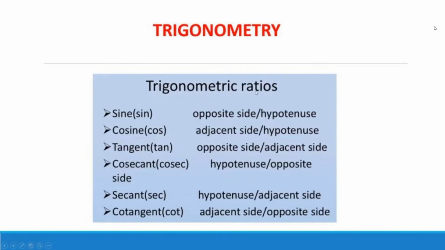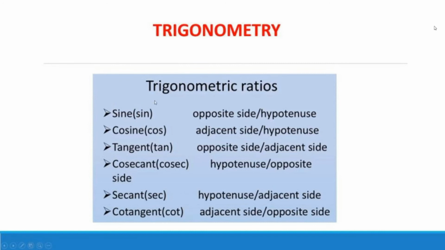And for the trigonometric ratios, for sine we have opposite side over hypotenuse, while cosine or cos is adjacent side over hypotenuse, while tangent or tan is opposite side over adjacent side. And we have the shortcut for it called SOHCAHTOA.